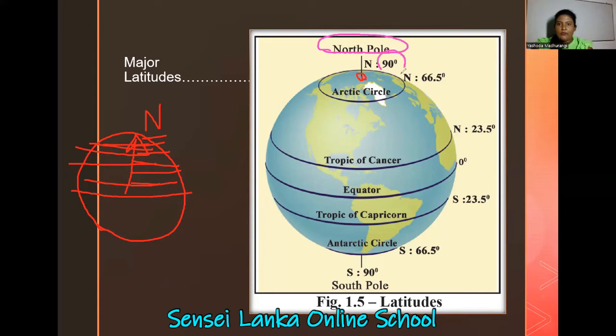What is the value of it? 90 degrees. So my dear children, you have to remember when we are going above the equator, they are north. That is why we use capital N with the value.